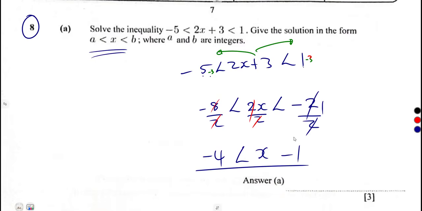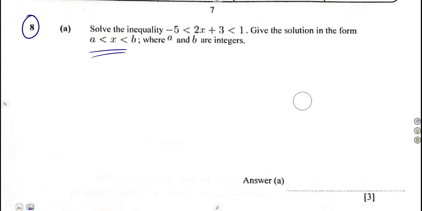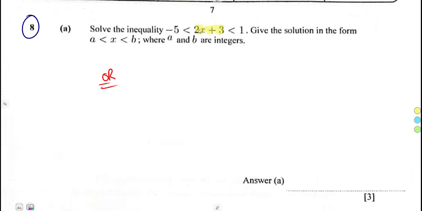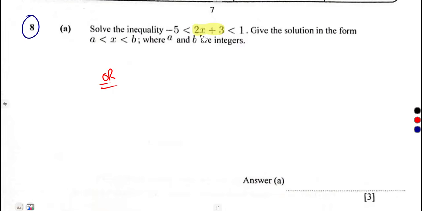We could have just solved it directly as it is, or you can separate them. Another way that we could have solved it was simply to separate the middle expression, 2x plus 3, into two inequalities. So it's minus 5 less than 2x plus 3, this one.